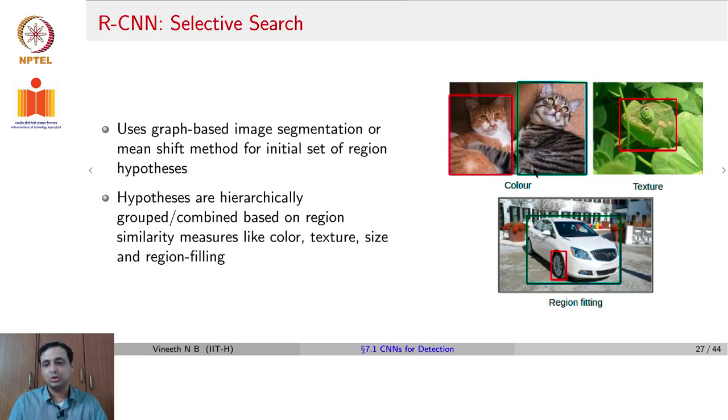If you used color for grouping regions, you may end up getting an object such as this. If you used texture, you may get a region such as this. Or if you used region filling, you may end up getting a region such as this.